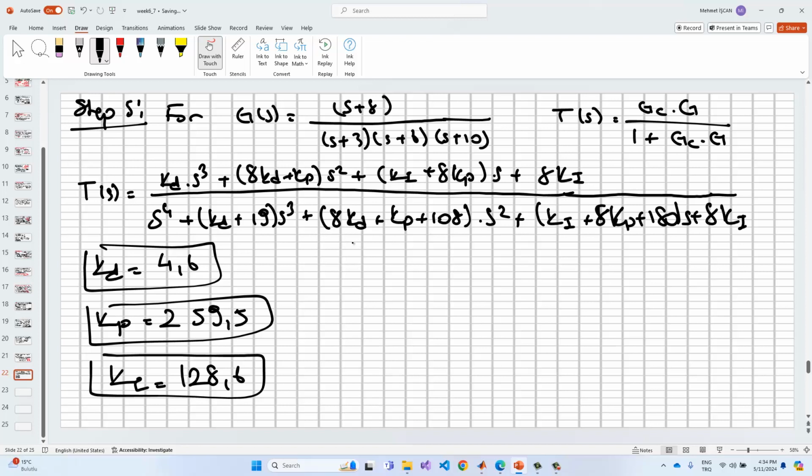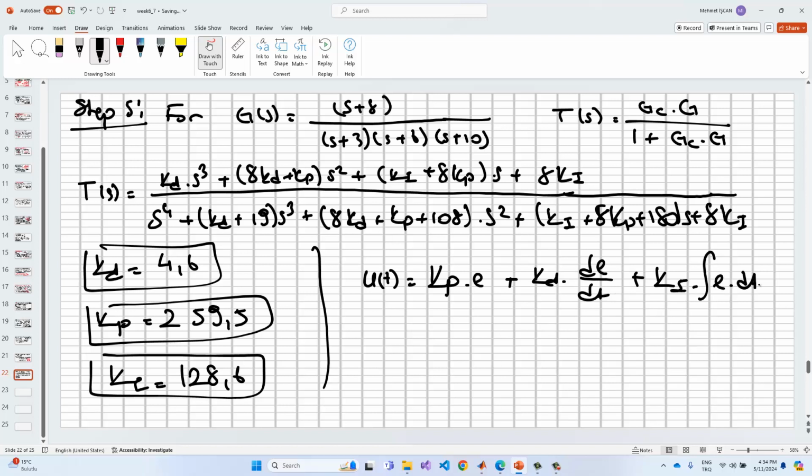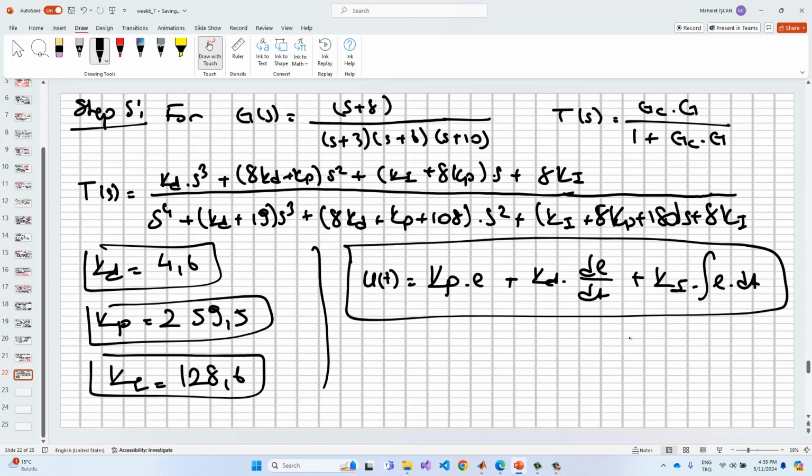This is simple, just like that. In real-time applications, the input signal u(t) equals Kp e plus Kd de/dt plus Ki integral of e dt. All the time we feed this to our algorithm with the specific coefficients, and then the PID controller is done.